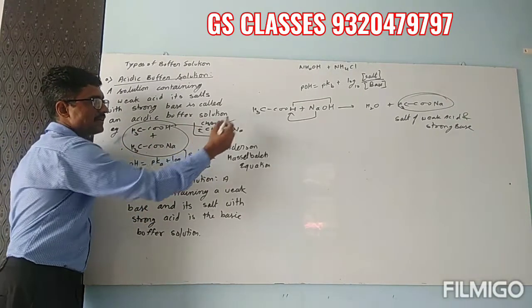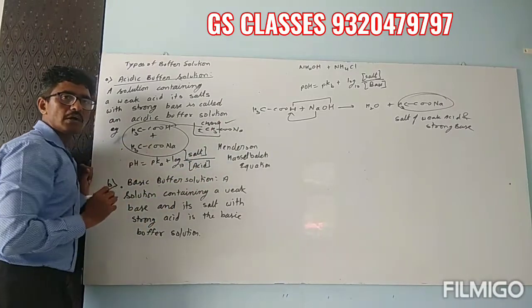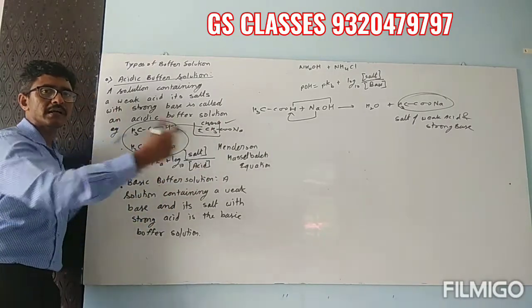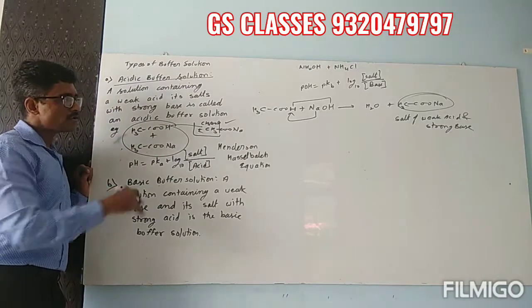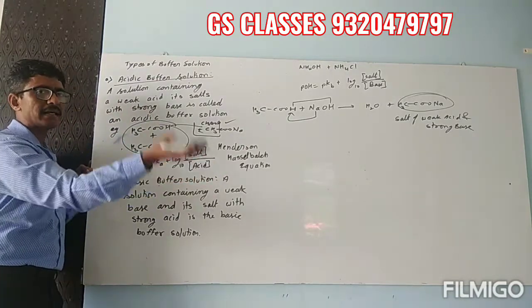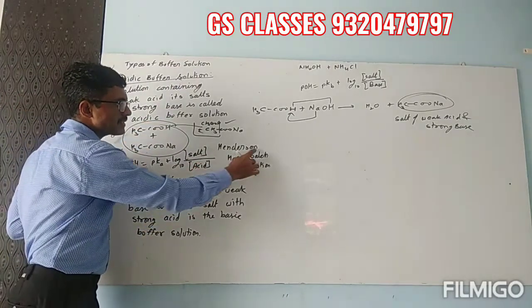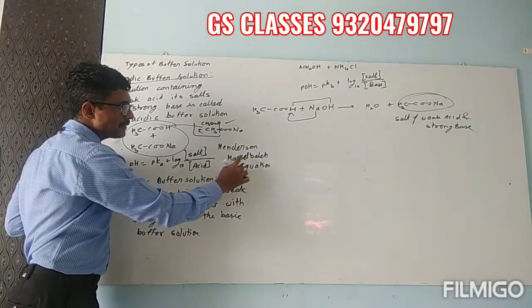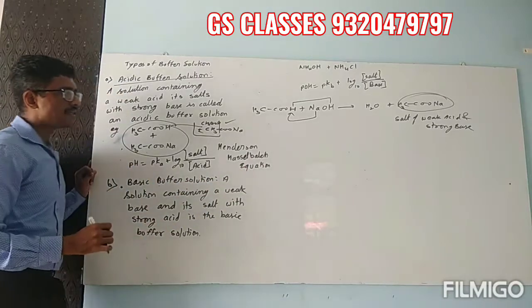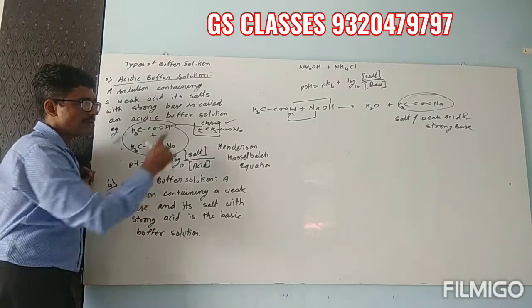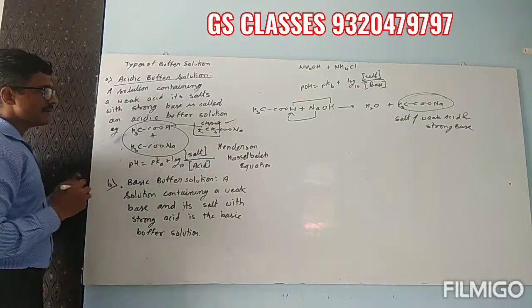This formula will be very clear when you start doing the numericals. So at the end of this chapter, we will come back to solve the numericals. This is known as the Henderson-Hasselbalch equation, the name of a single person.